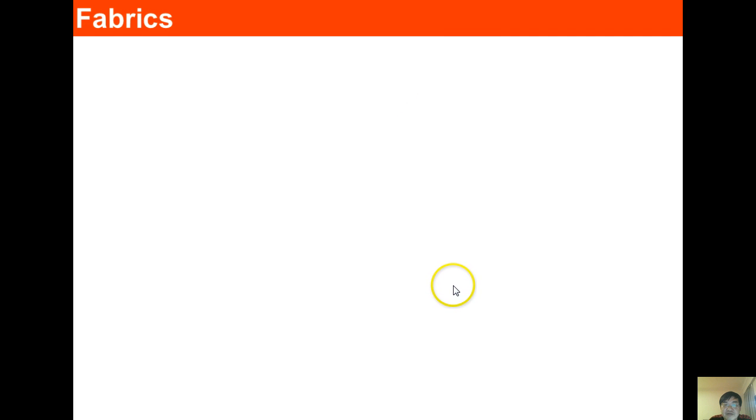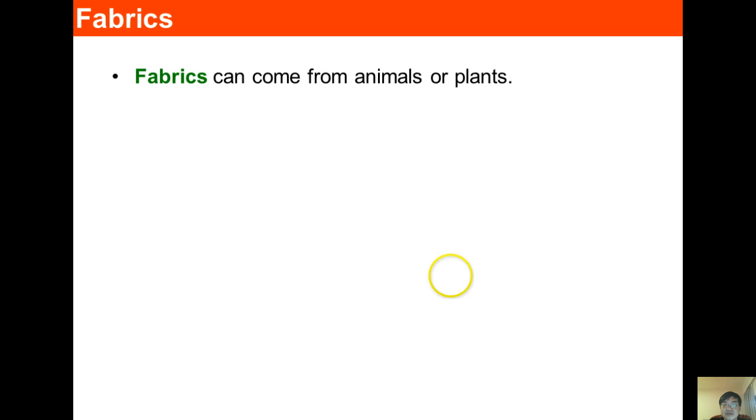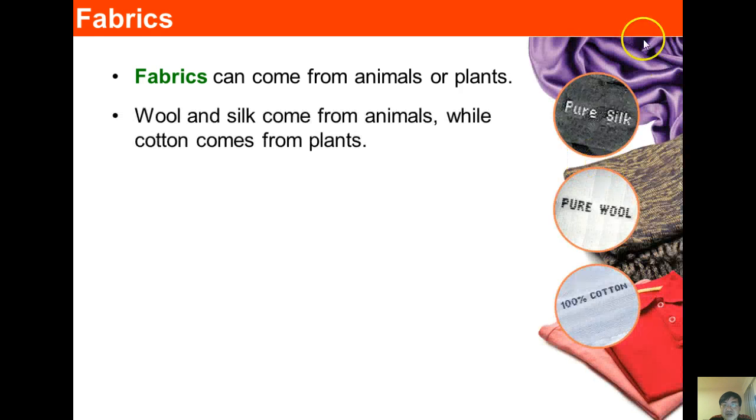Fabrics. When you think of fabric, it looks just like cloth. It is just strings of materials woven together, joined together like this, so it becomes cloth. Now the materials of fabrics can be different. Some come from animals, some from plants.